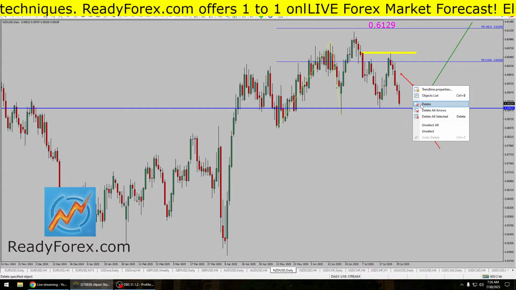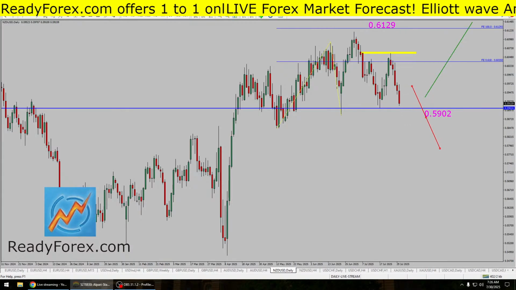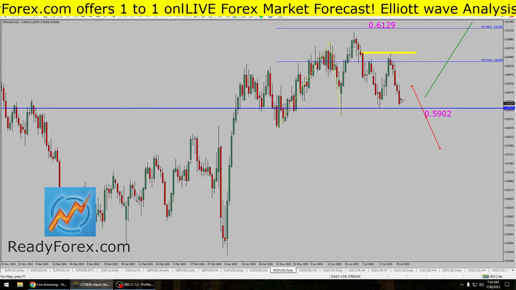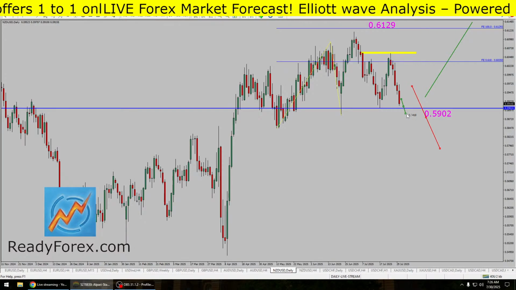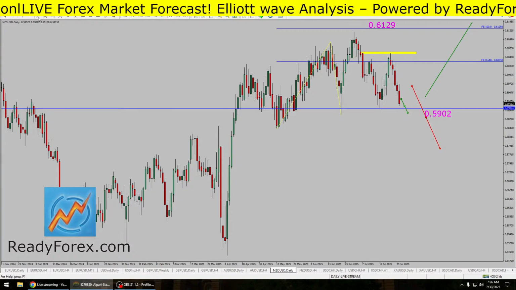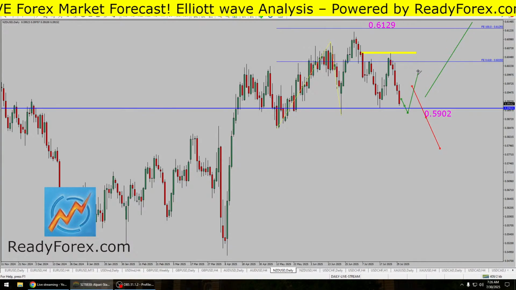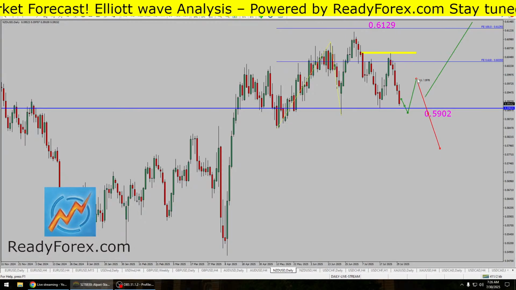And what's going to happen next is, let's talk about it this way. So let's assume price action is going to drop more. It's going to hit the 0.5902 level. If this is going to happen, then I expect a bounce back up, which most of the people are not expecting.